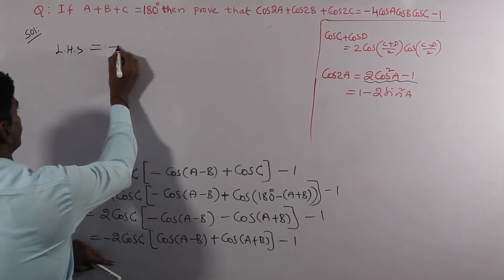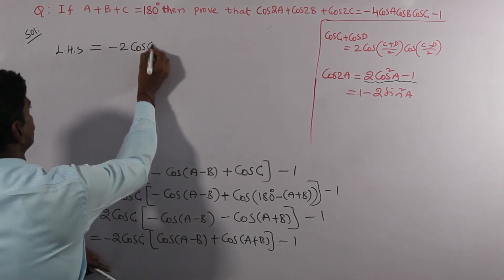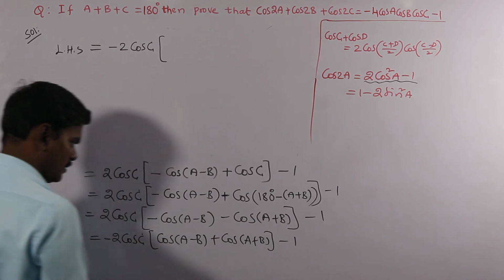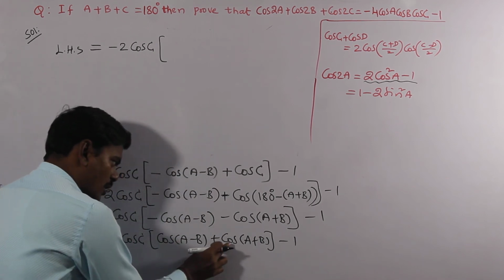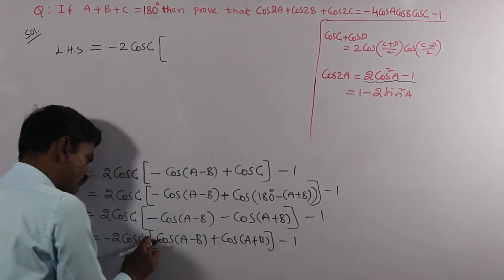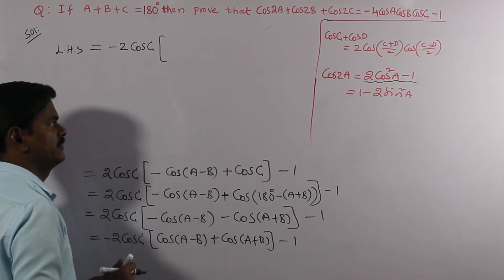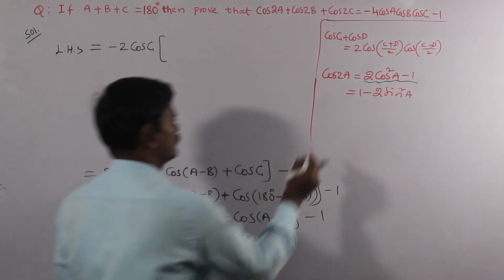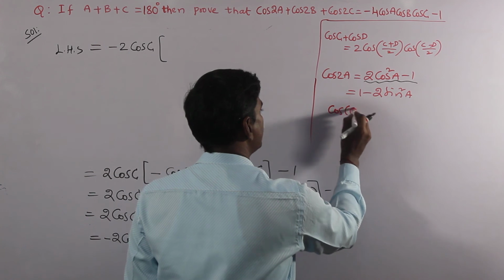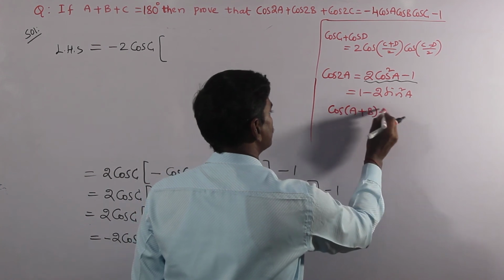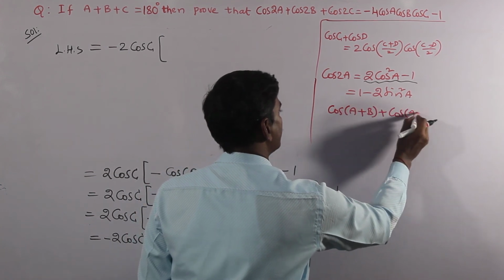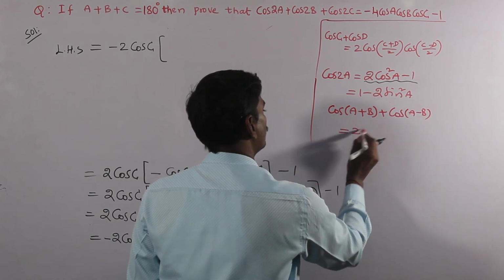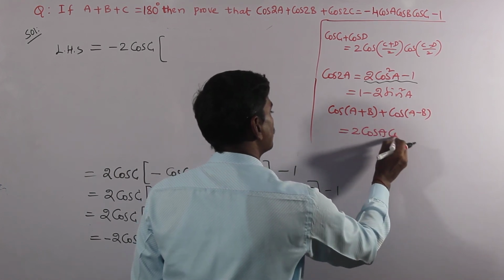Now write minus 2 cos c as it is. Now we have a direct formula: cos of (a plus b) plus cos of (a minus b) equals 2 cos a cos b.